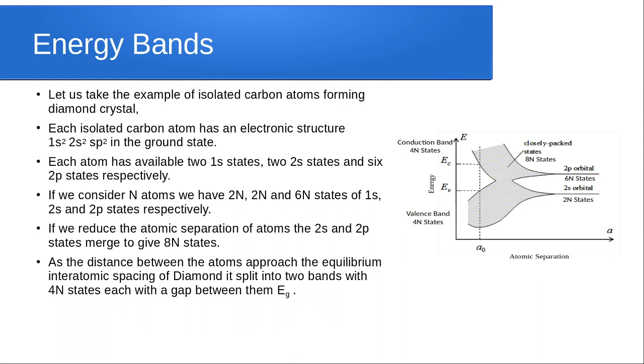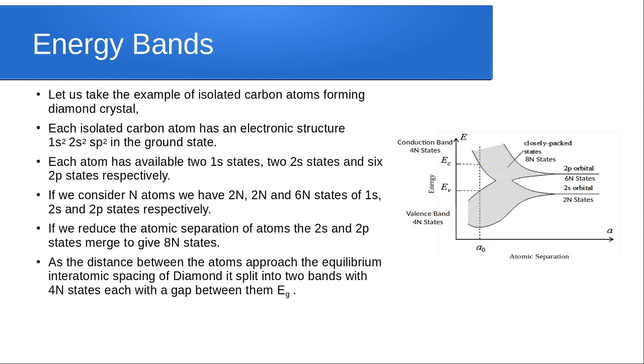Further decreasing of the atomic separation, or as the distance between the atoms approaches the equilibrium interatomic spacing of diamond, it splits into 2 bands, namely the conduction band and valence band.